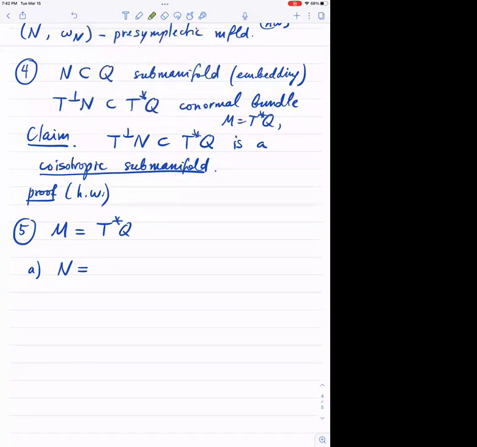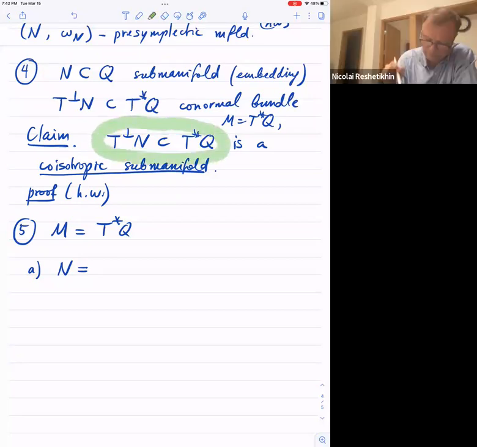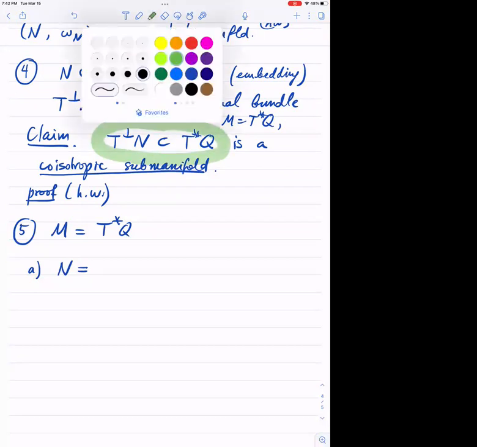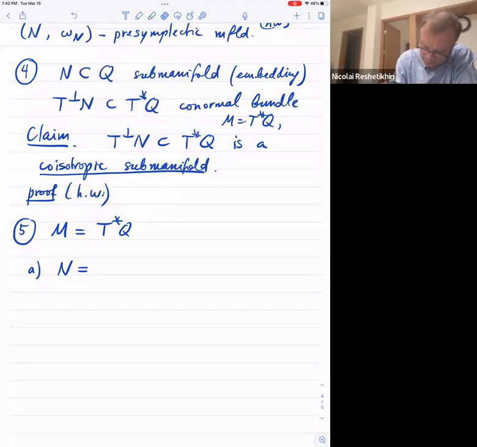Oh, okay, I misread it, I missed the conjugate. All right, thanks. That makes sense.